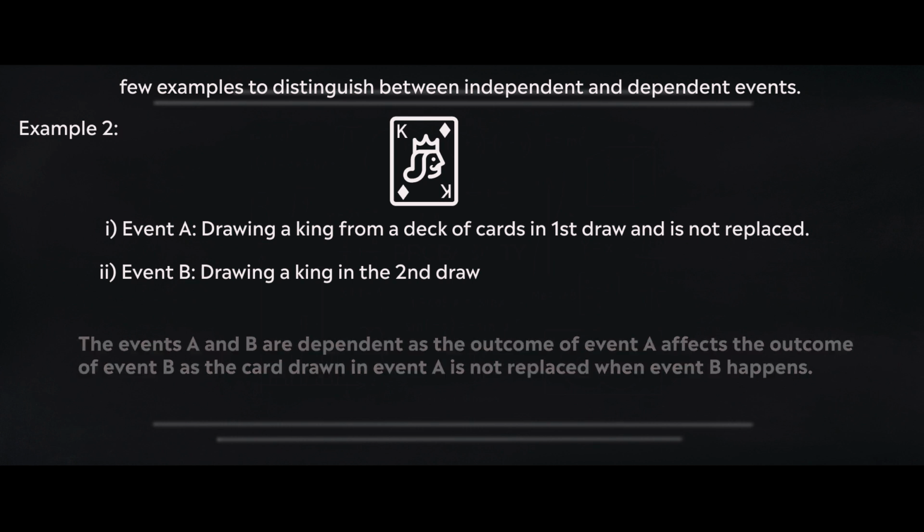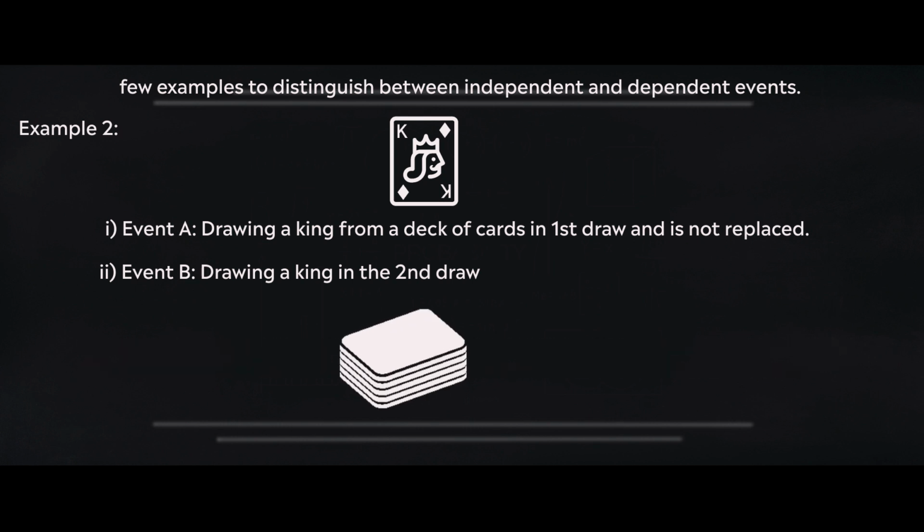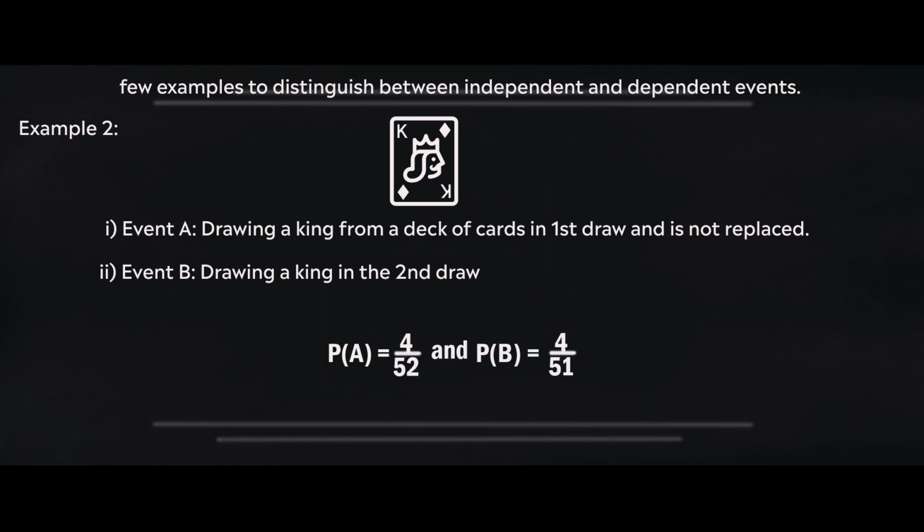So in a deck of cards, how many cards are there? There are 52 cards. So the number of sample space for event A is 52. So the favorable outcome described in event A is drawing a king. So in a deck of cards, how many king cards are there? There are 4. So outcome of event A is 4 by 52.